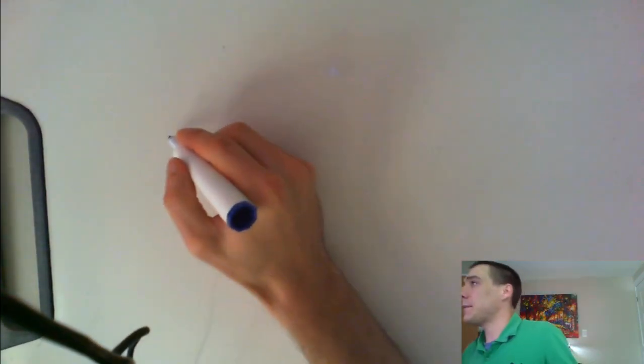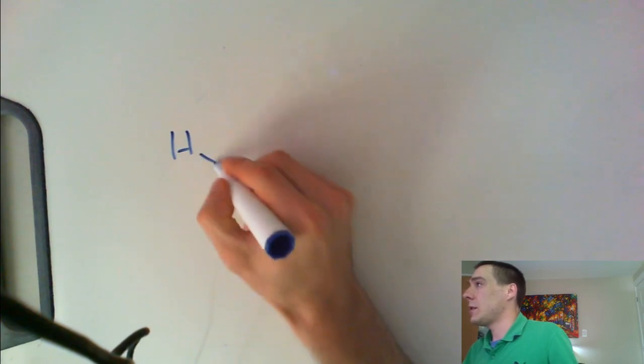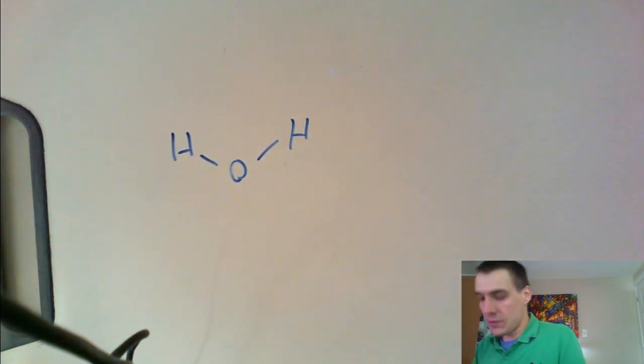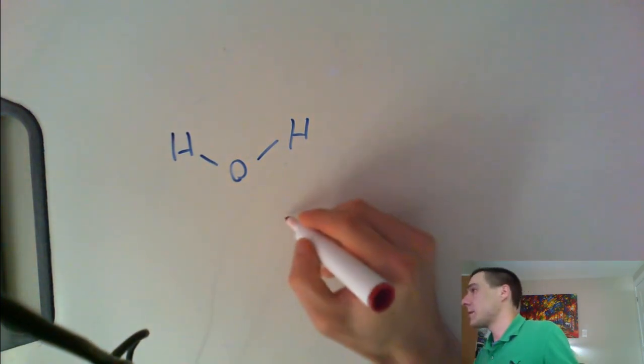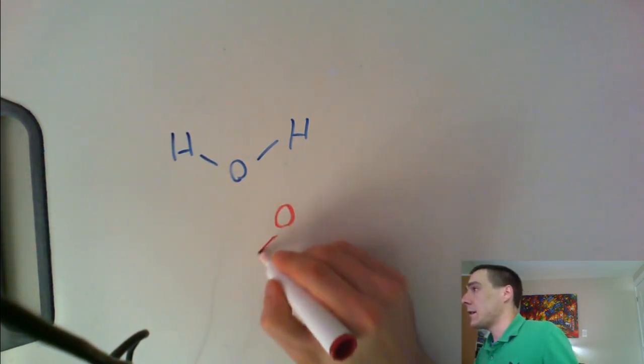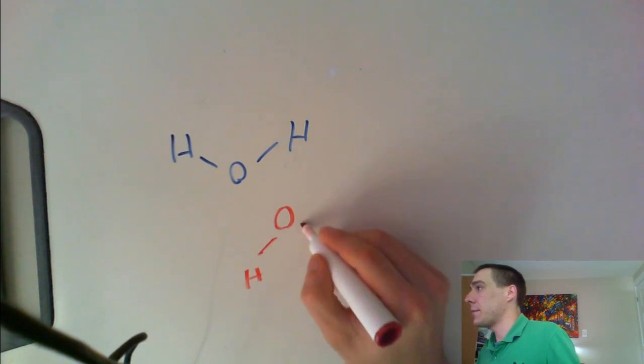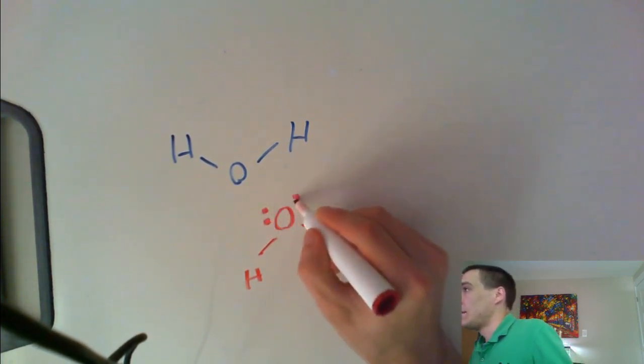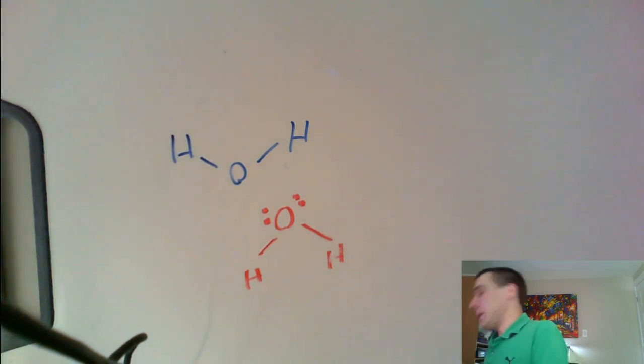So what happens is I'm going to draw two waters. Here's H2O. And I'm going to draw another water in red just so that we can see it a bit better. And as you know, there's a delta negative, delta positive kind of thing going on. And there's these lone pairs.